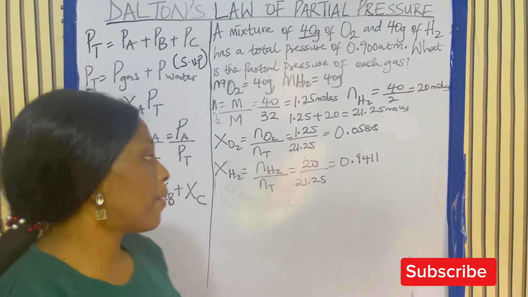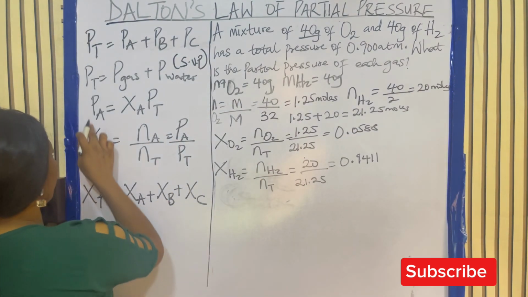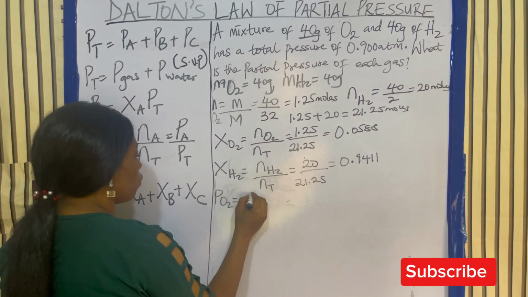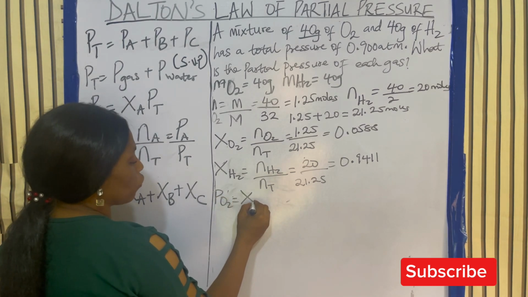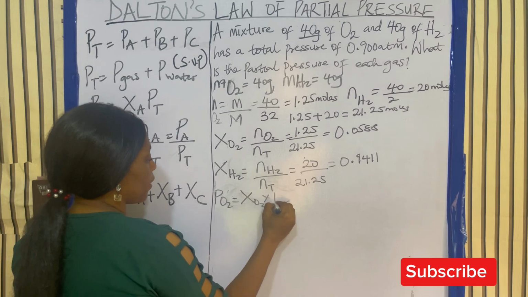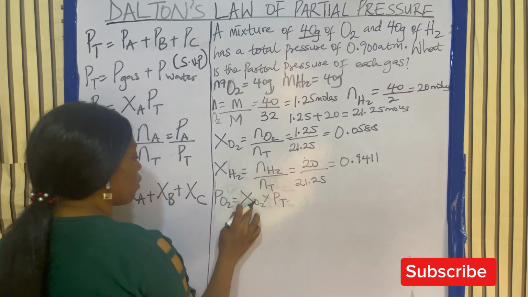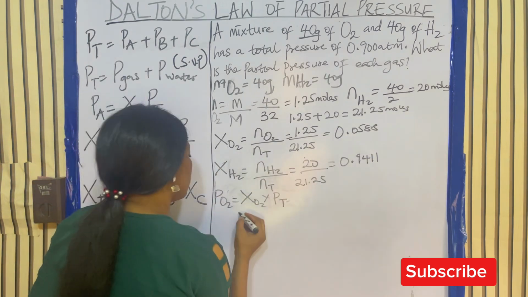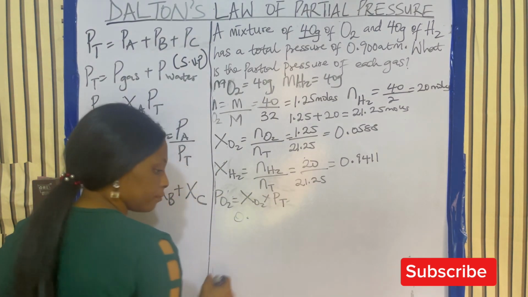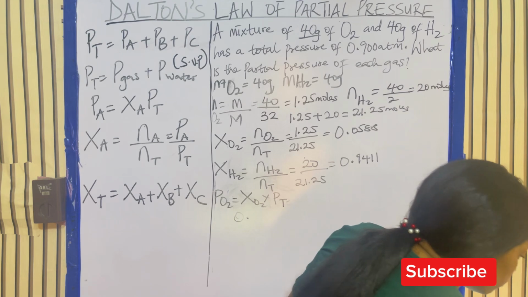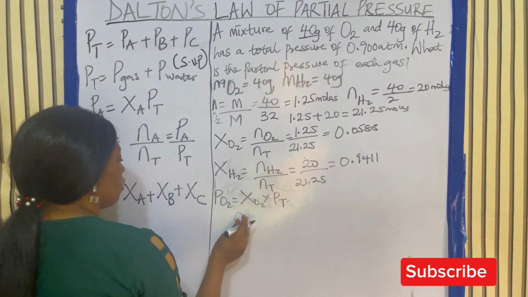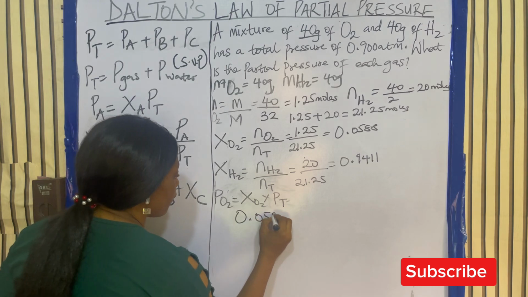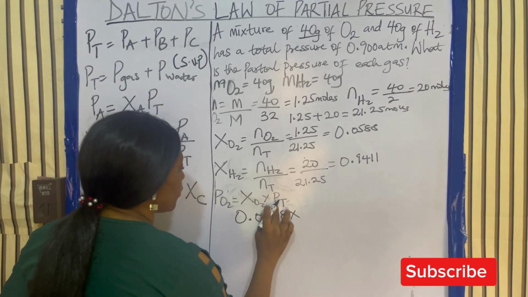To find their partial pressure, we are going to use this formula. Partial pressure of oxygen is equal to mole fraction of oxygen multiplied by P total. The mole fraction of oxygen is 0.0588 multiplied by P total.